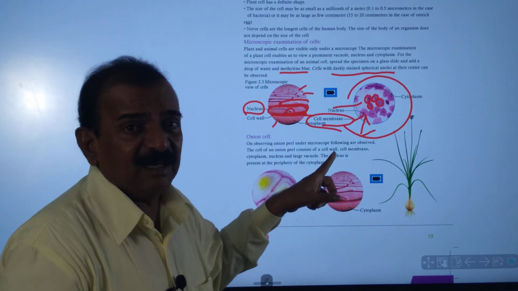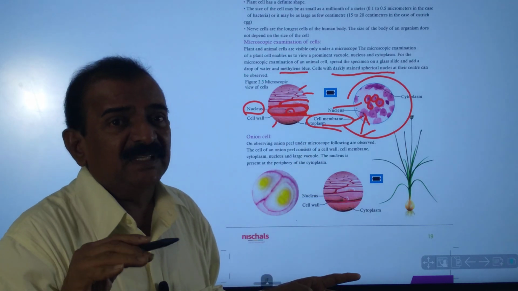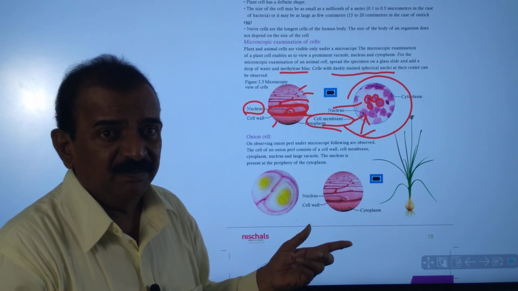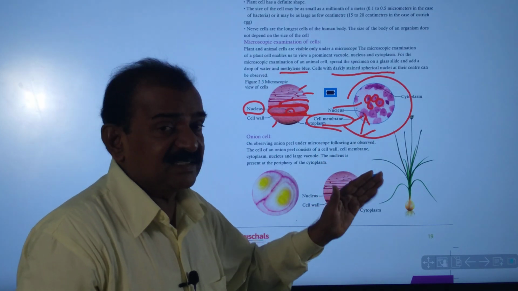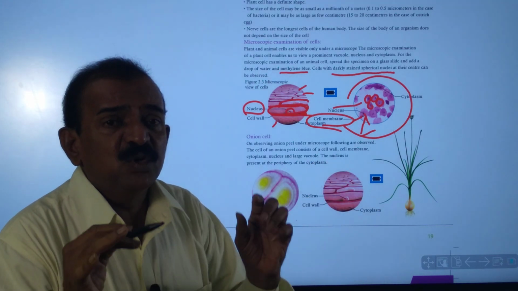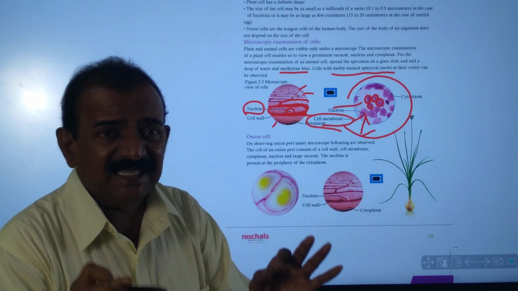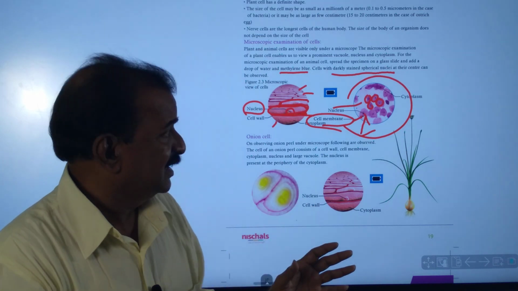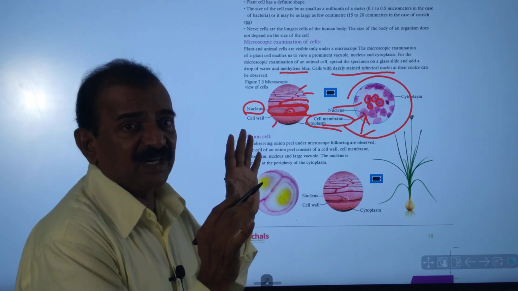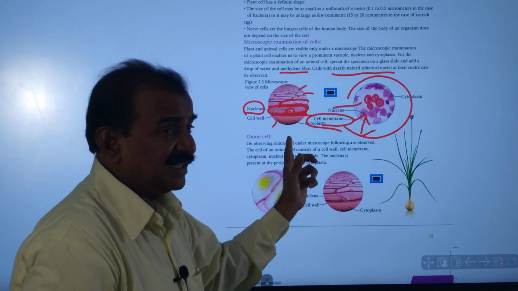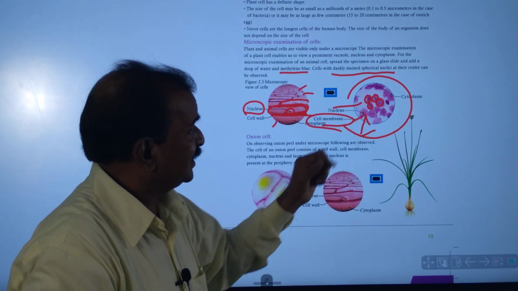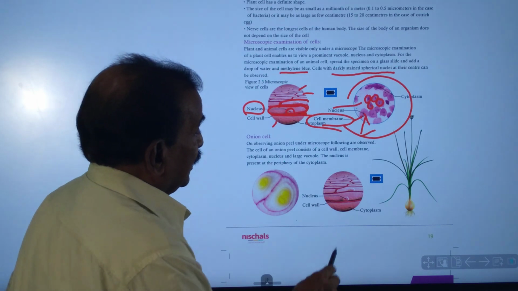And in a plant cell, the nucleus is present toward the periphery of the cytoplasm near the cell wall, that is, the plasma membrane. But in an animal cell, the nucleus is present at the center of the cell. So these are the differences you are observing between a plant cell and an animal cell. This is a plant cell, the onion peel cell, and this is an animal cell.